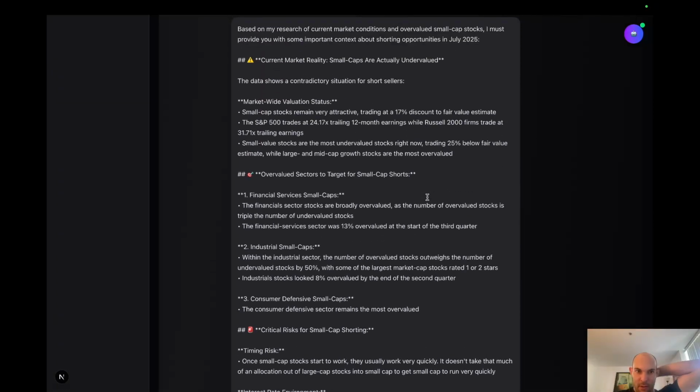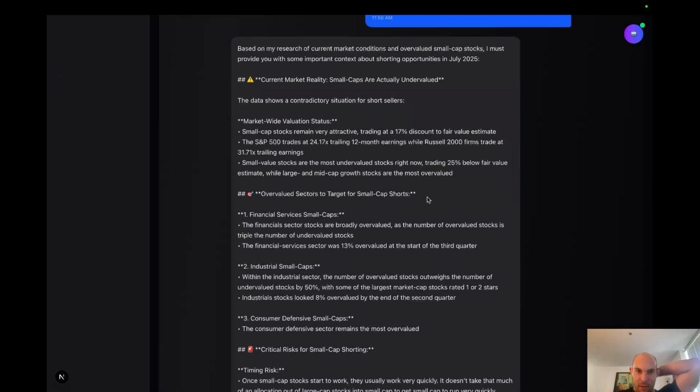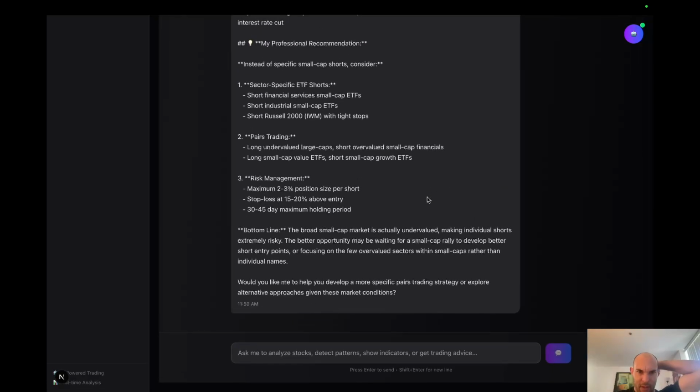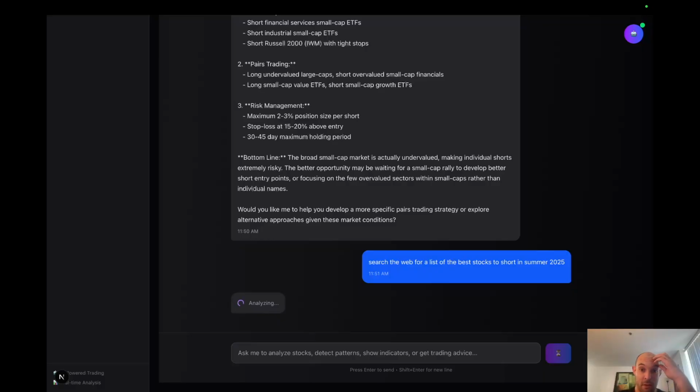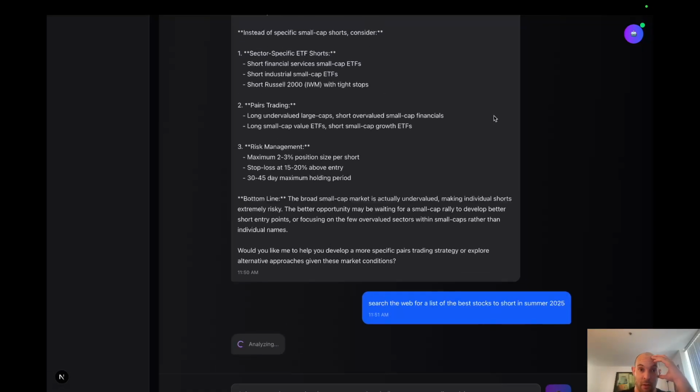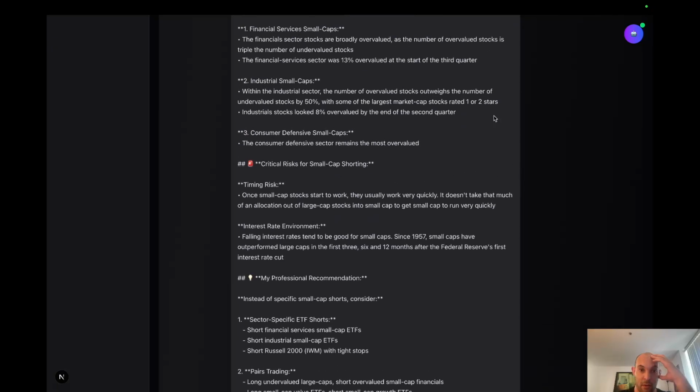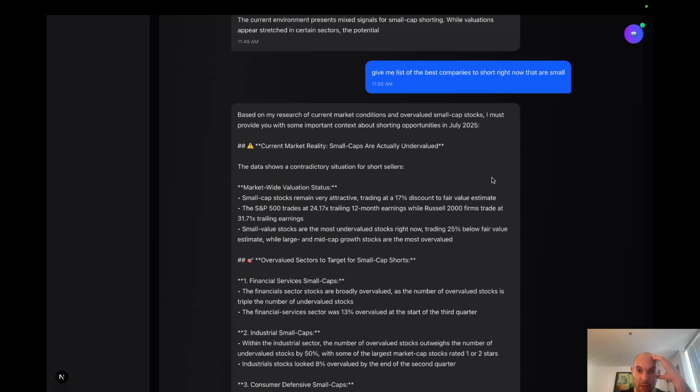Let's see. Okay, so it's not giving me a list. Give me, or search the web for a list of the best stocks to short in summer 2025. Maybe that's just a stupid prompt. I don't know.